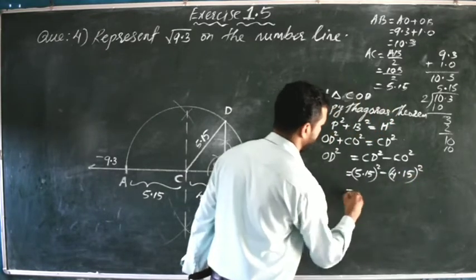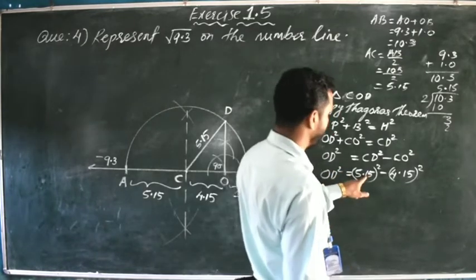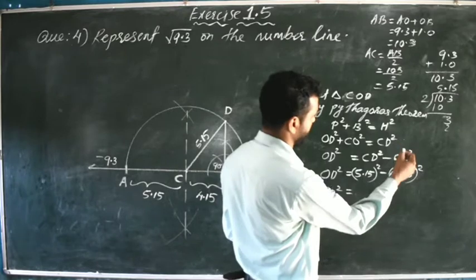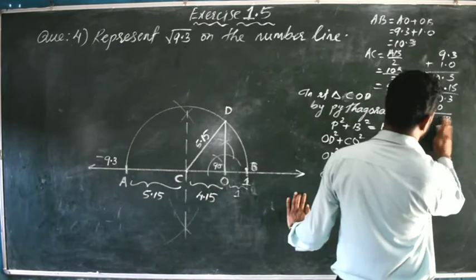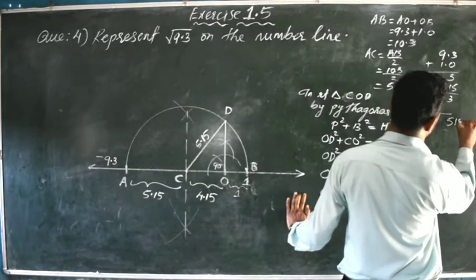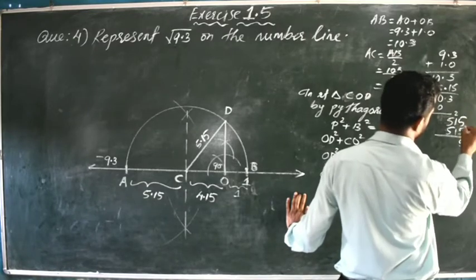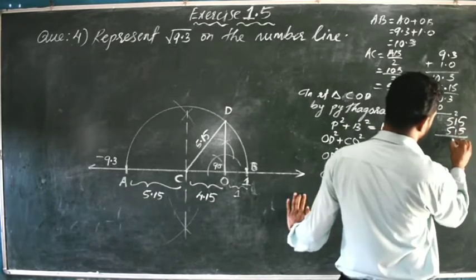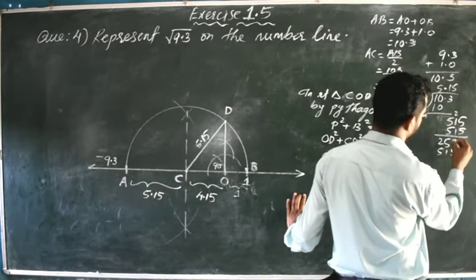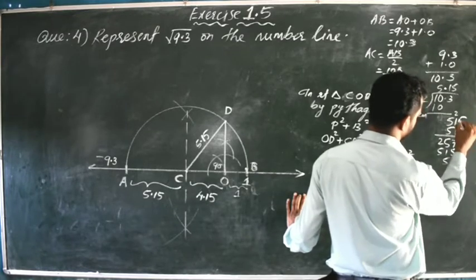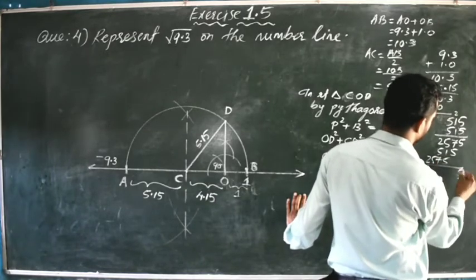Now find it out. OD square is equal to, now 5.15 square means 515 into 515 we will multiply, and 4 decimal points we have to put there. That is 515 into 515. 5 5s are 25, 5 remainder 2, 5 1s are 5 plus 2, 7, and so on.